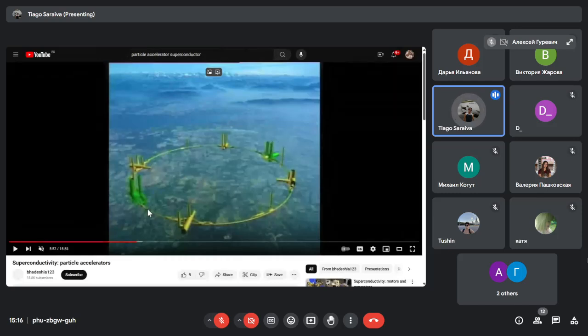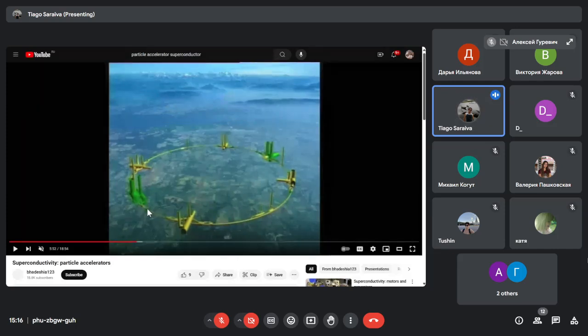So this ring, to keep the particles in a stable trajectory at 99% of the speed of light, needs some superconducting traps. Now it's not the superconductor that is trapped in the magnetic field; it's the trap of the superconductor that traps the particles. The particles interact with the superconductor.